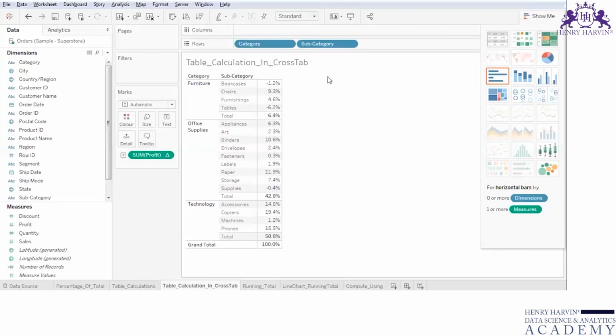Or even if they wish to continue the furniture business, we would tell them that they should discontinue selling tables and bookcases, because they are generating negative profits, meaning they are actually generating losses for them. So this way, using table calculations, we can have a very deep dive look into the profits generated by each category and subcategory in terms of percentage of the total profit.